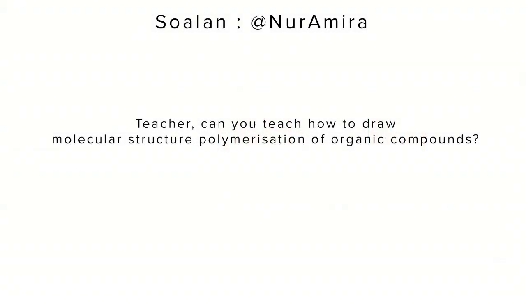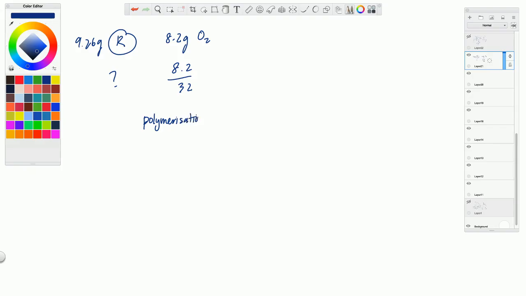Help me draw molecular structure polymerization of organic compound. Okay. So polymerization that you study, pempolimeran, you only study polymerization of alkene. Okay? Kamu hanya belajar tentang pempolimeran alkene sahaja. So kita ambil contoh etena. Okay? So pempolimeran maksudnya banyak-banyak etena gabung bersama-sama.